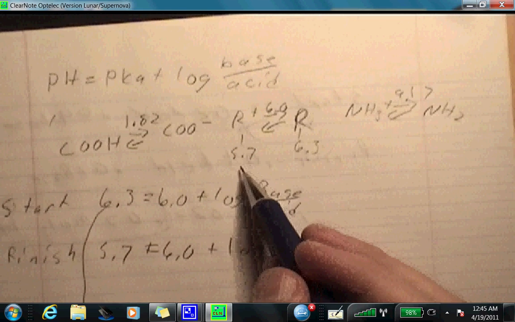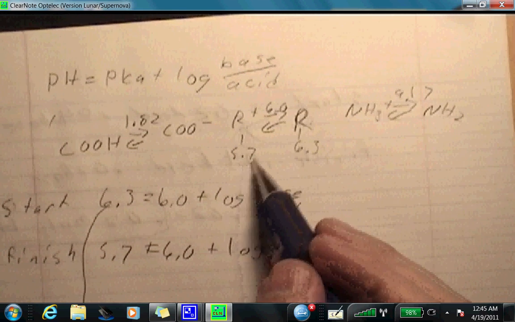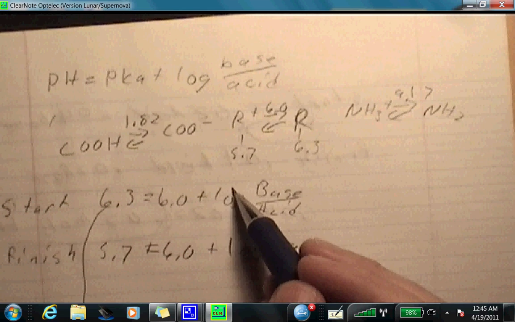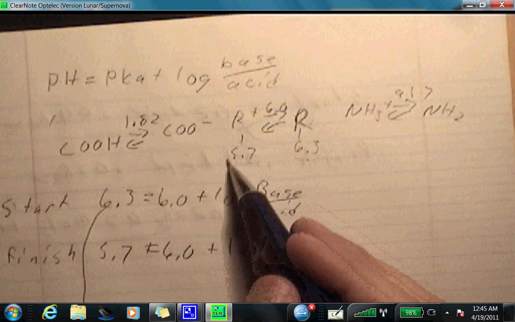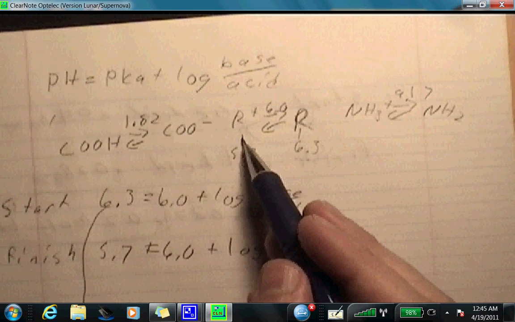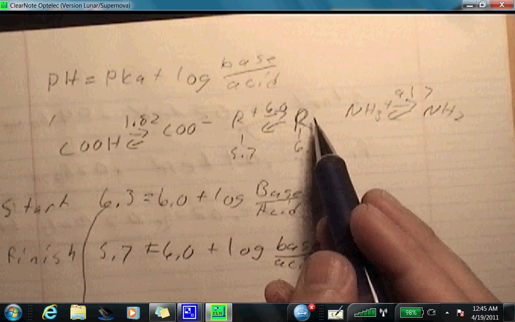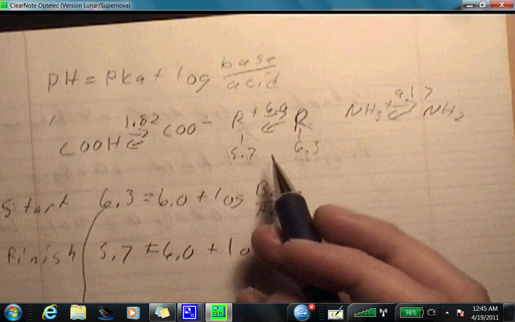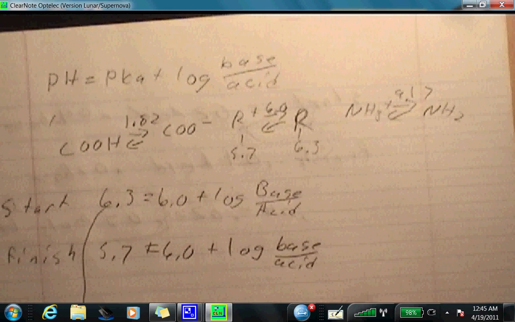At the finish, I have a pH that's lower than my pKa, and I have 0.04 moles of acid and 0.02 moles of base. So our acid is greater than our base.